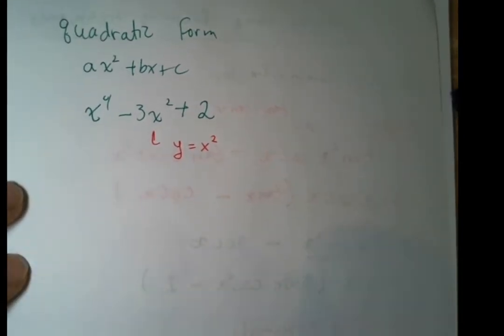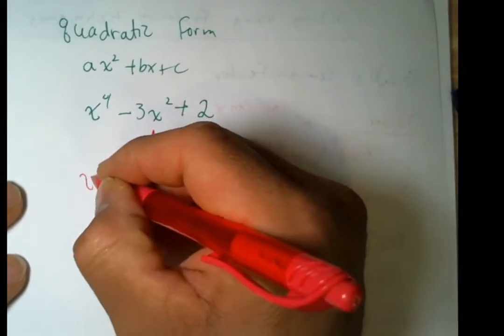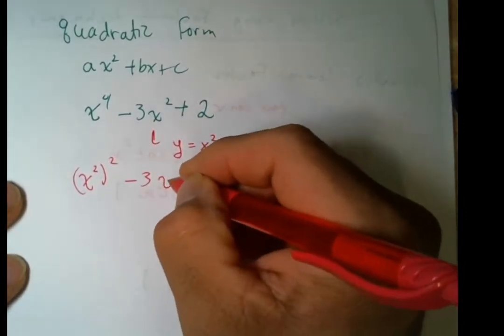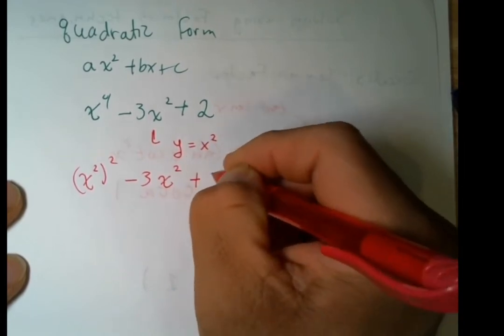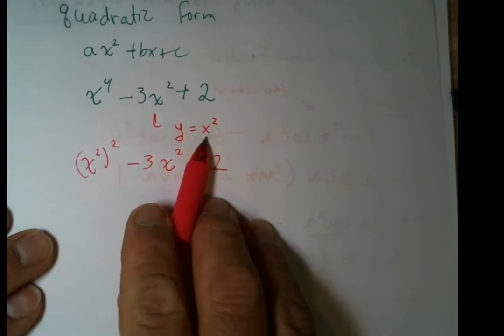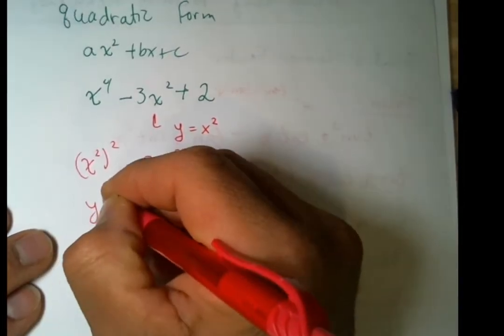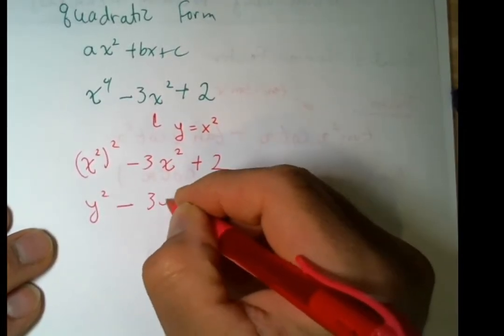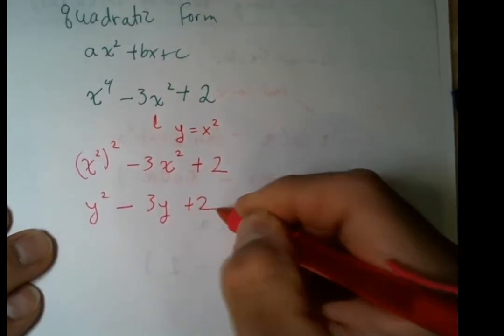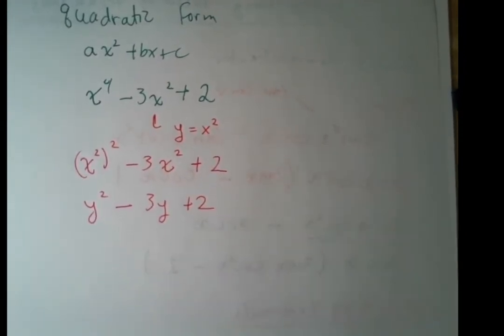Squared. All right, so then that means we have x squared, squared. Here I'm just rewriting this so we could see how our substitution yields our quadratic form, right? So now x squared, I said, was y. This is y, and then squared we get y squared plus 2. All right?